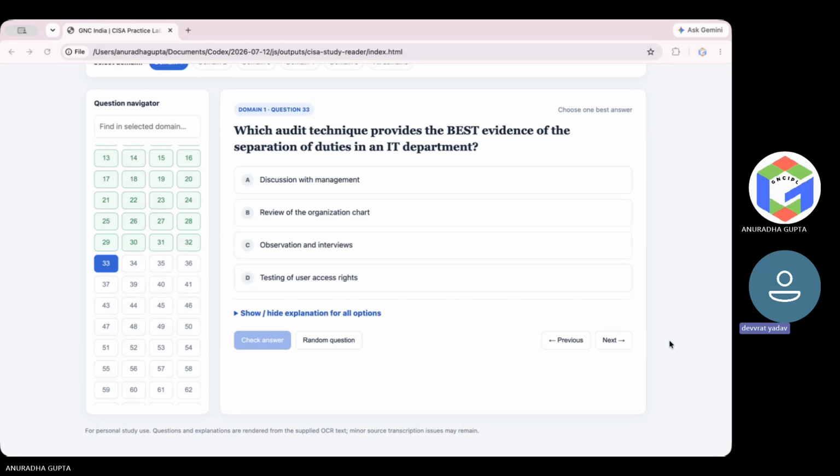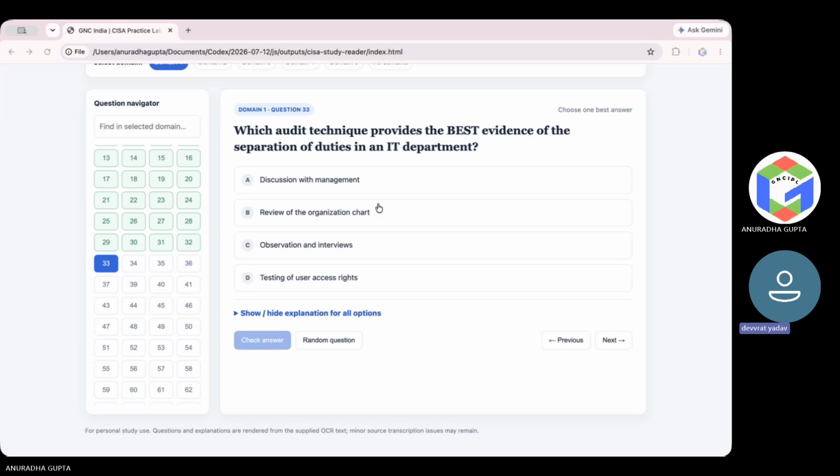Which audit technique provides the best evidence of the separation of duties in the IT department? Discuss with the management, review of the organization chart, observation and interview, testing of user access rights.